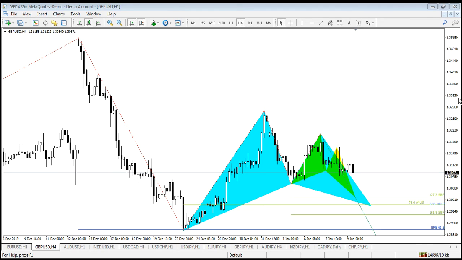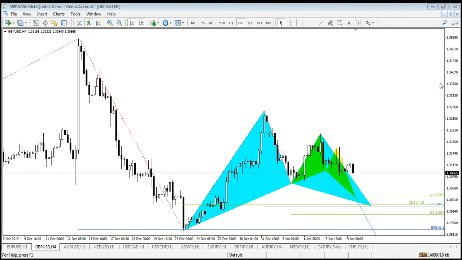So the CD can be measured in two ways. One, as per the length of AB, it can follow the speed of AB as well as CD. CD can be simply 100%, that is equal to AB, or it can be 61.8% of the AB.